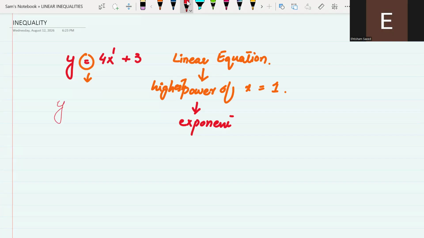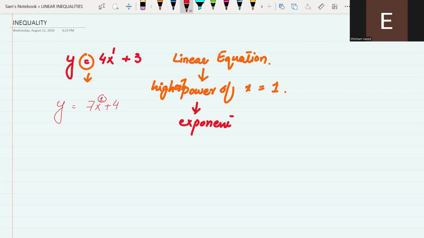Y is equal to 7x plus 4. Is it a linear equation or not? Xenia, is it a linear equation or not? Yes, sir. It is also a linear equation. Why? Because x has got highest power equal to 1, right?